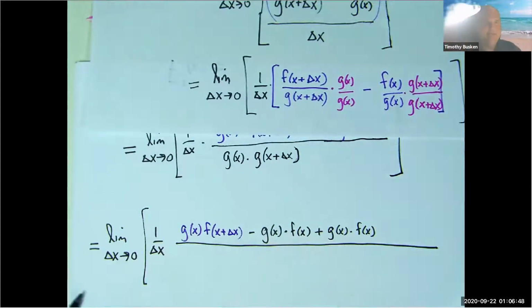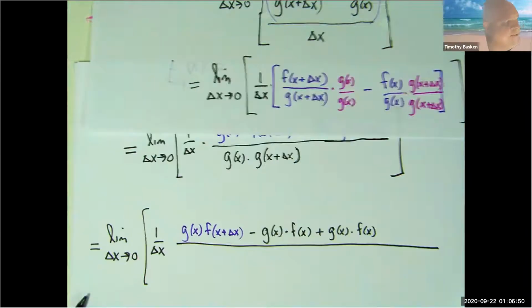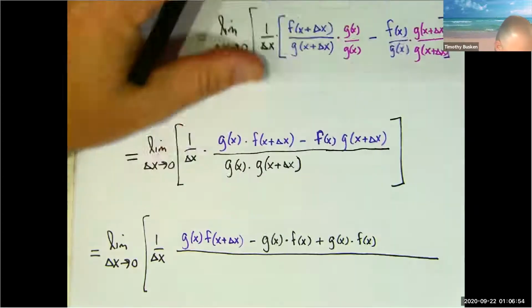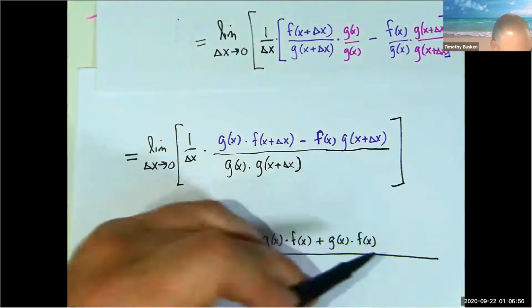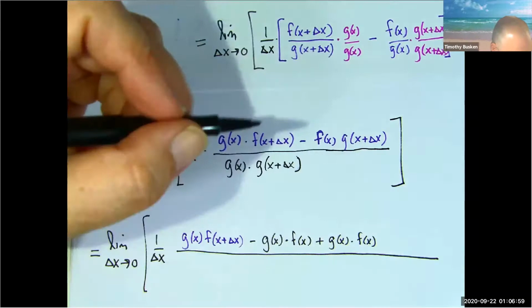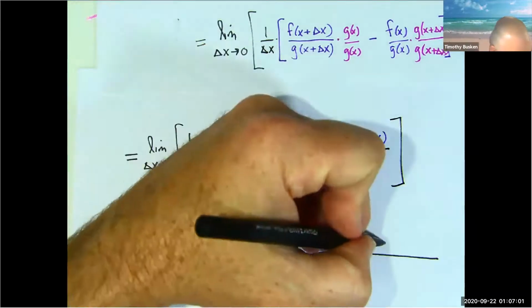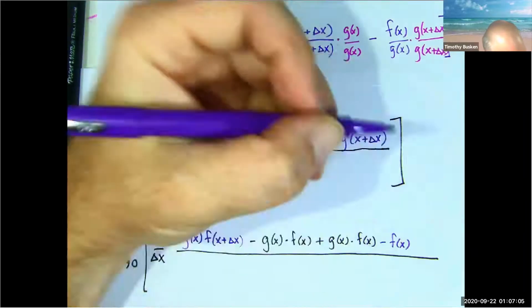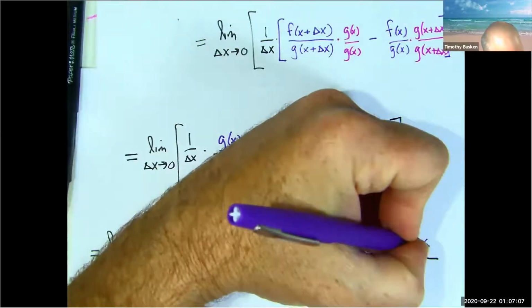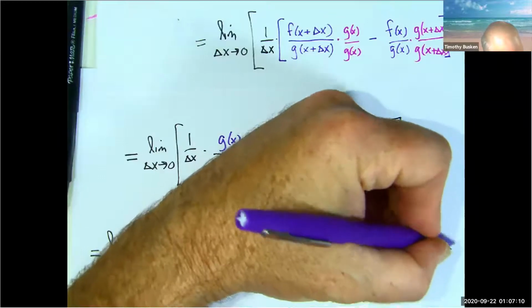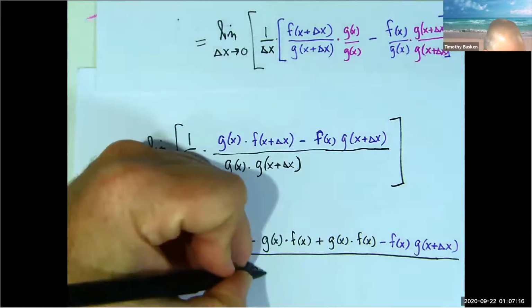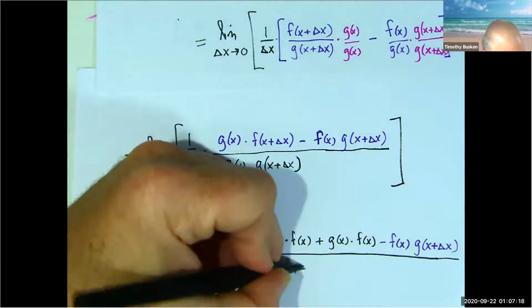So we're adding and subtracting off the same term. So we're adding 0 to the problem. And then finally, this piece of the numerator needs to come down here. So minus that. And we're almost done here, folks, which is the good news. And that's all over g of x times g of x plus delta x.